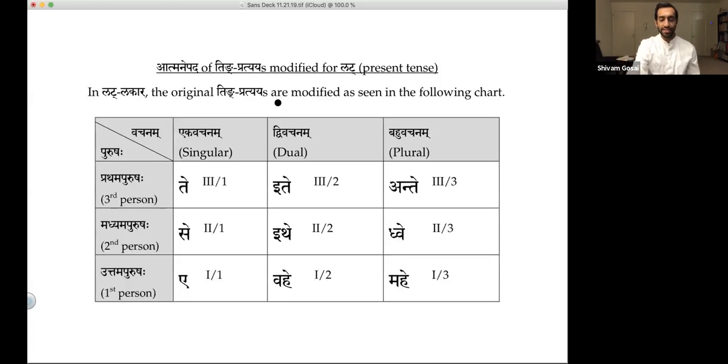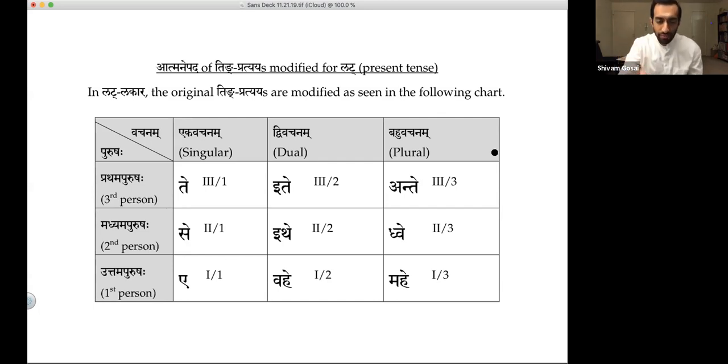The suffixes look a little different from parasmaipada: te, ite, ante. Let's say it together, you can repeat after me. Te, ite, ante. Se, ite, dwe. E, vahe, mahe.